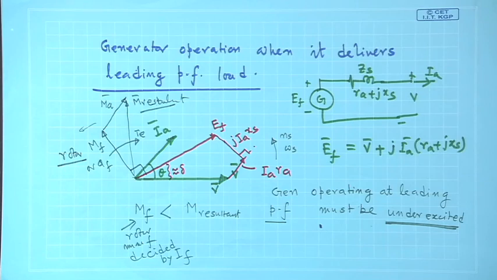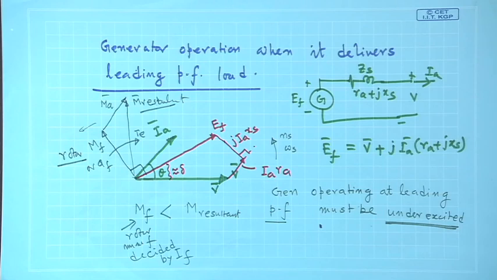Therefore, we conclude that a synchronous machine operating as a generator, if it is delivering a leading power factor load, will be operating in under excited mode.